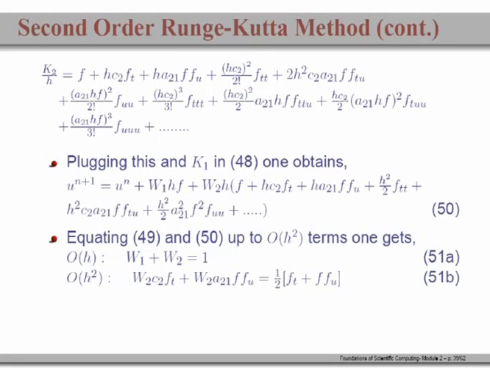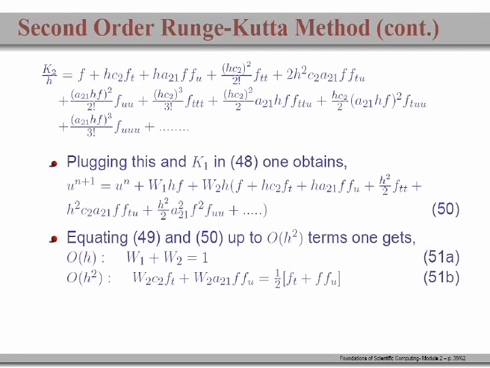Similarly, order h square would give you, from here you can see this w 2 h into h c 2 f t will be one such term, and then there would be another term coming from here, w 2 h into h a 2 1, and that is multiplied by f f u, and if you look at the corresponding analytical expression, this is what we have. So, this is your u double prime, which is nothing but this quantity, half times f t plus f f u.